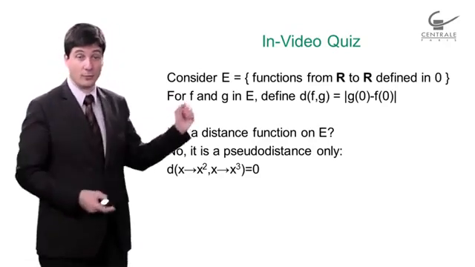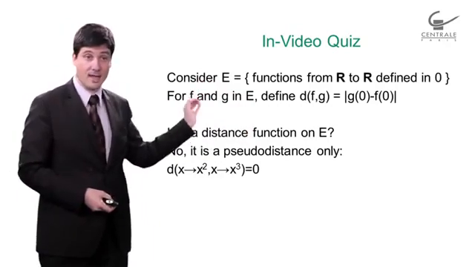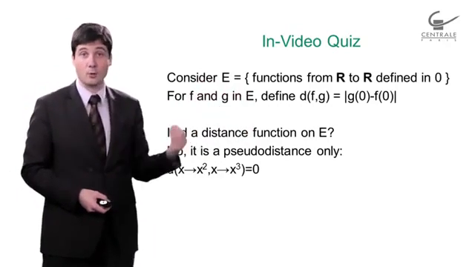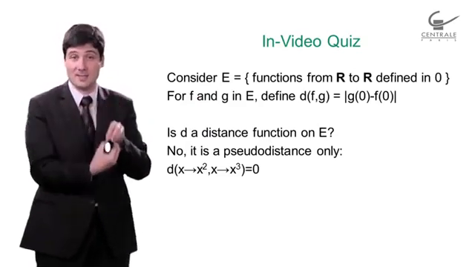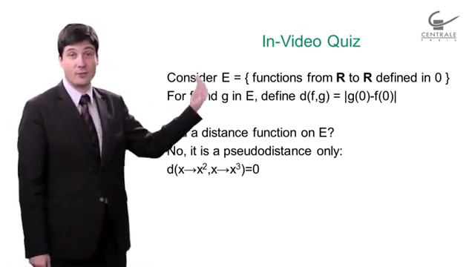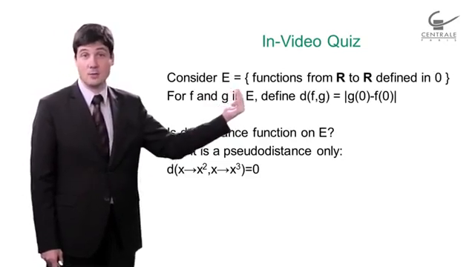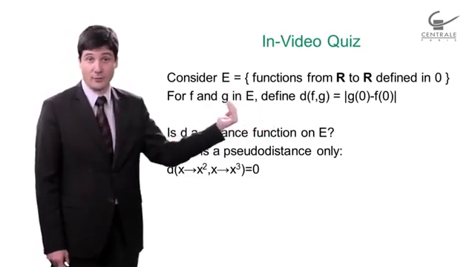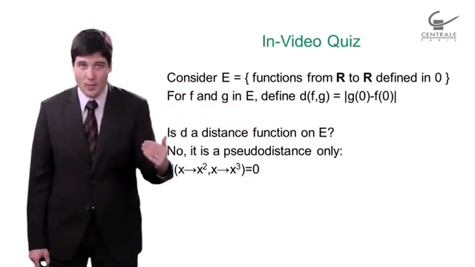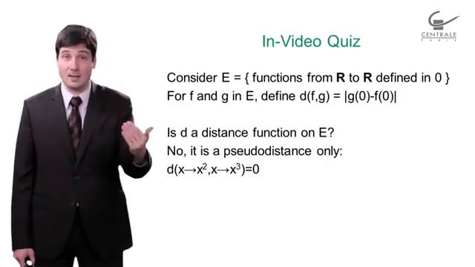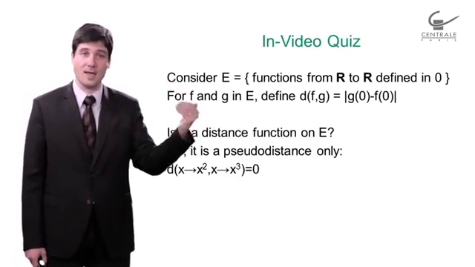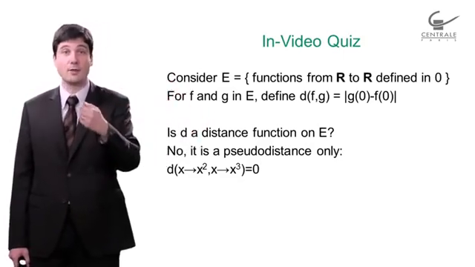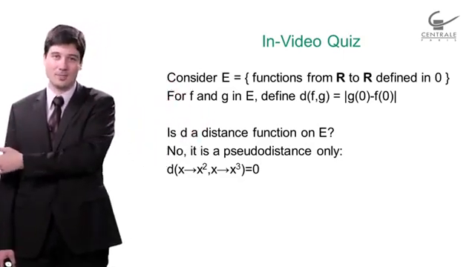But obviously these two functions are different. x squared and x cubed are two different functions, but because they have the same value in 0, d(f,g) is going to be 0, though the functions are different. So we're in a situation where d is not a distance function. It does not meet the criterion of d(f,g) equals 0 if and only if f equals g.